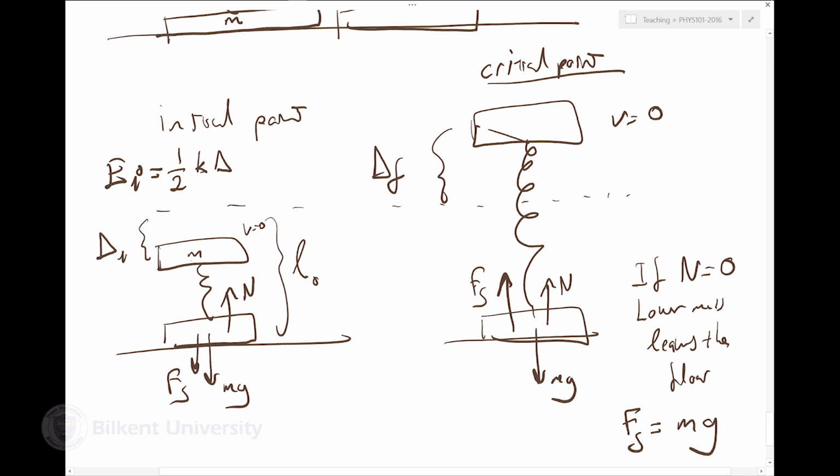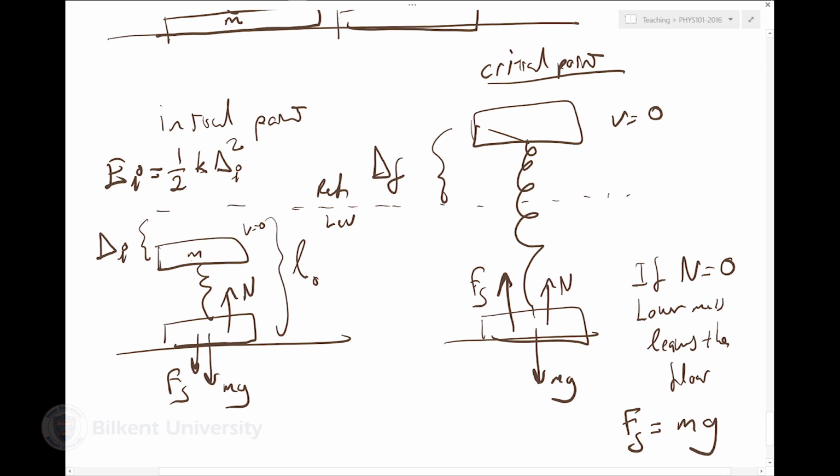So let me call this delta initial. What else? Potential energy. So here's something I'll do. I'll actually choose my reference level at the relaxed length of the spring. I can choose my reference level anywhere I want, right? Then, what is my potential energy in the initial situation?